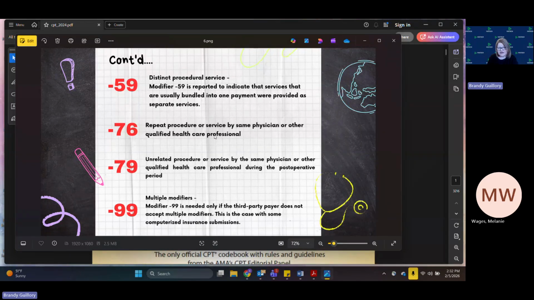And this one, 76, does not mention anything about the post-operative period. 79 does, during a post-operative period. Okay. There, I didn't list all the codes. There's actually, I think, a 77 and a 78 that cover those other options, those other scenarios too. I didn't list everything. I just wanted to give y'all an overview.